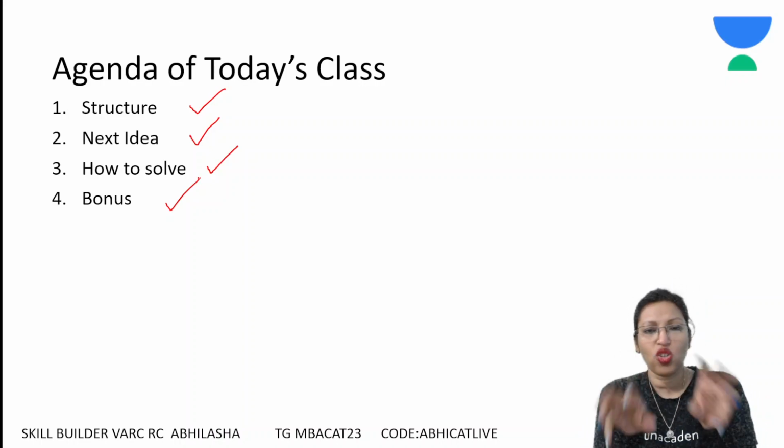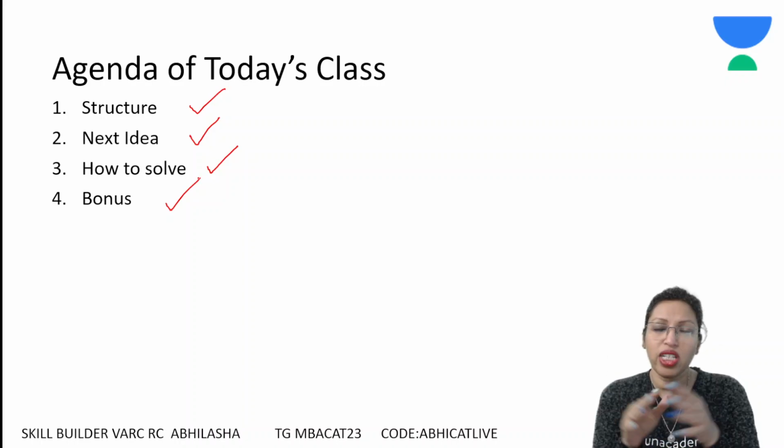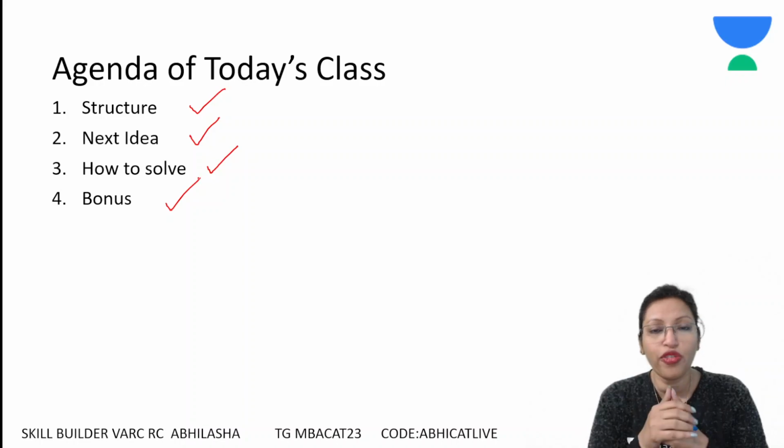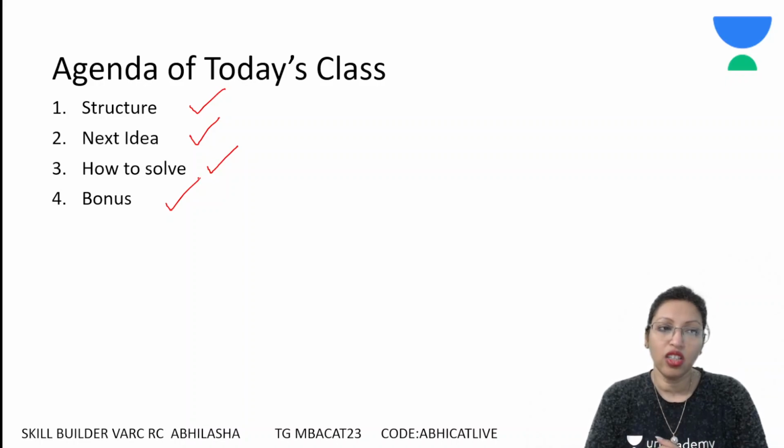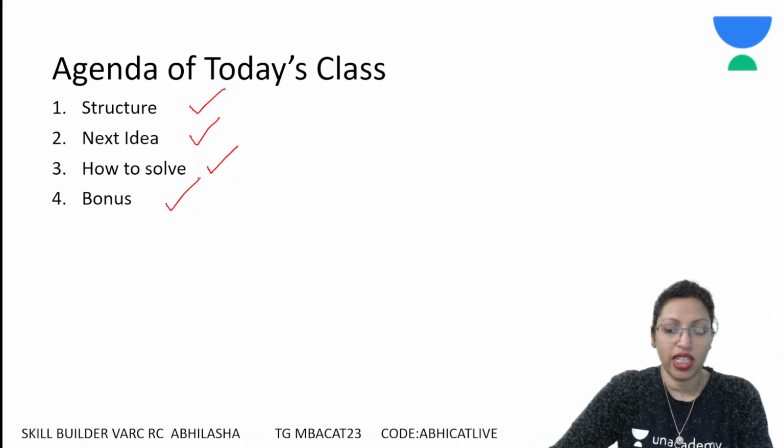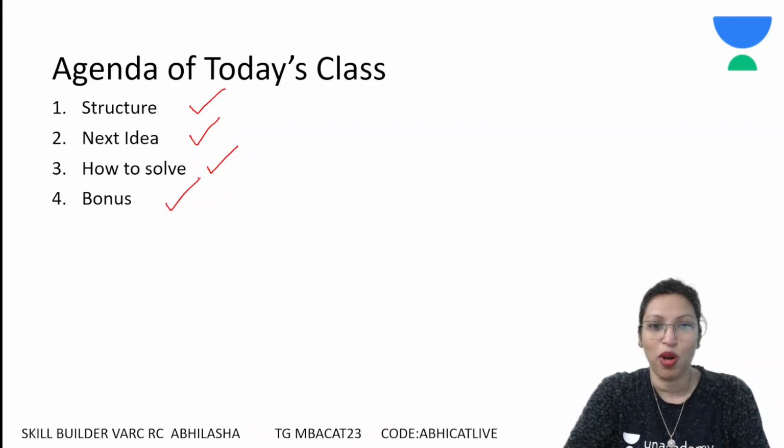Therefore, the structure questions and the next idea questions are all based on the same thing: what is the flow of thought in a particular passage and how the writer is taking forward the thoughts in the passage. How to solve them, of course, we will understand, and there is a bonus section like always, as promised.